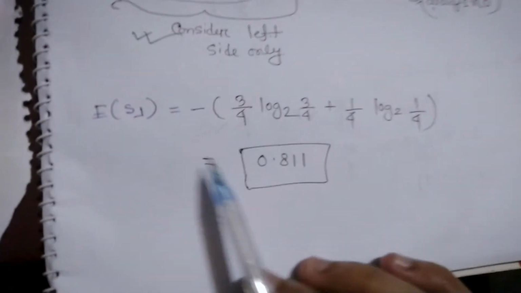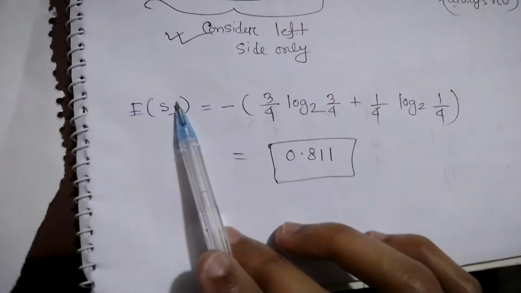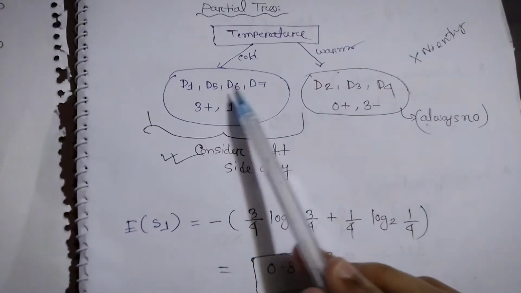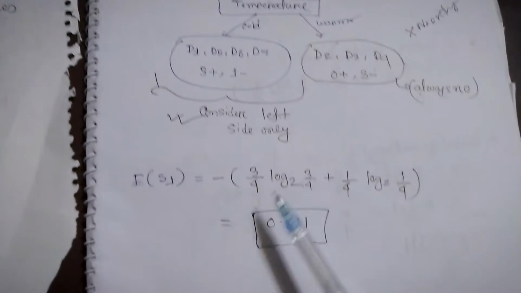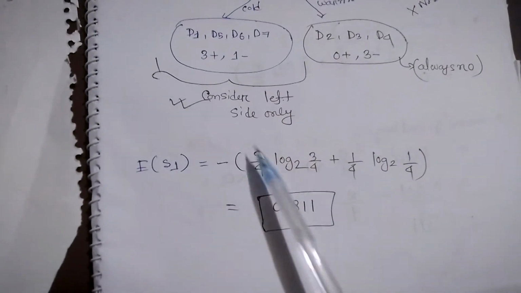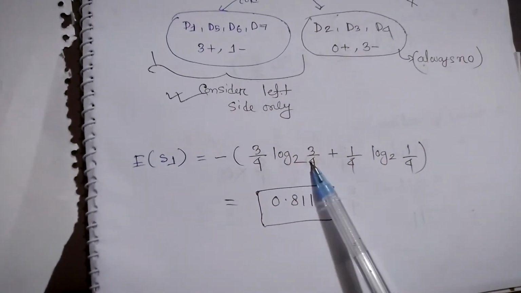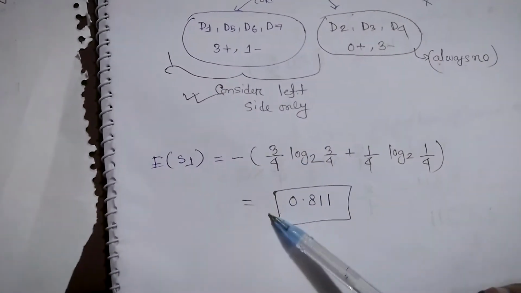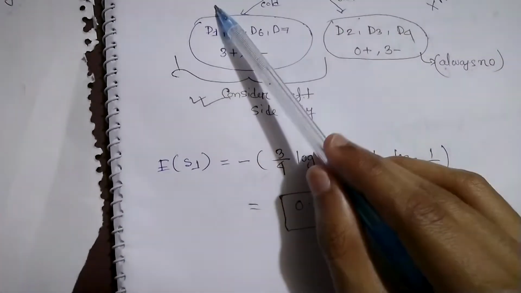So our new total entropy ES1, this is the entropy of the new data set, based on these 4 items 1, 5, 6 and 7. It is minus 3 by 4 log 2 of 3 by 4, which is the positive part, because our total data set is 4: 1, 2, 3, 4.